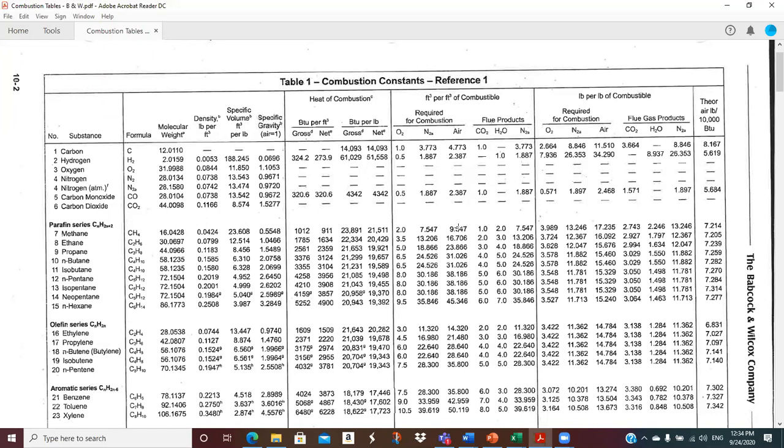So I'm going to multiply this by 9.547. What is that? That's 49,724 cubic feet per minute. But that's stoichiometric. But we have excess air.